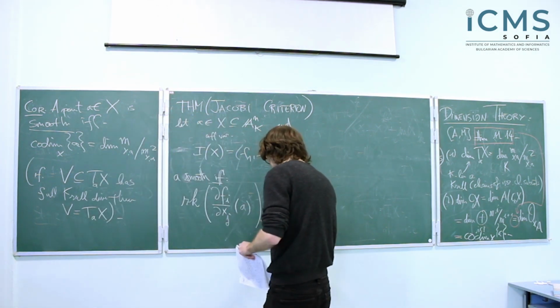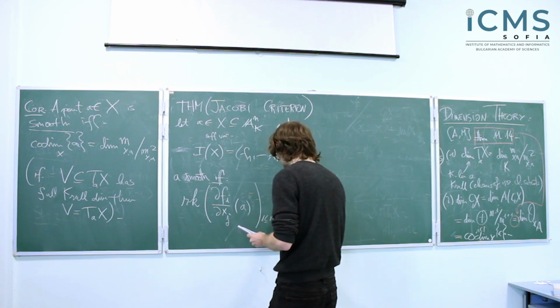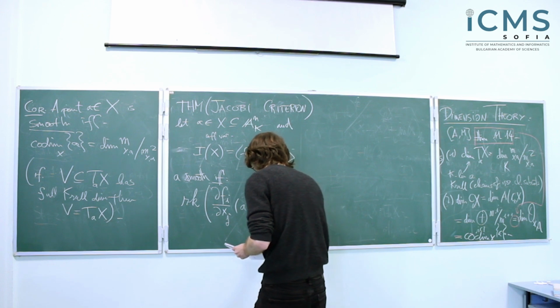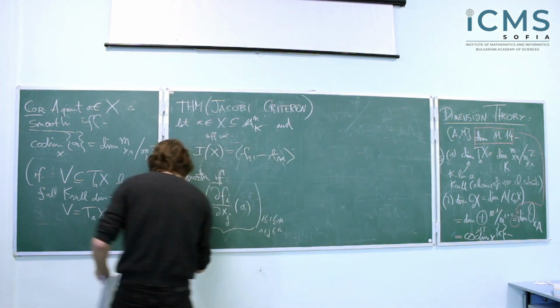Right? The size of this thing is plain obvious. It is called the Jacobian matrix.